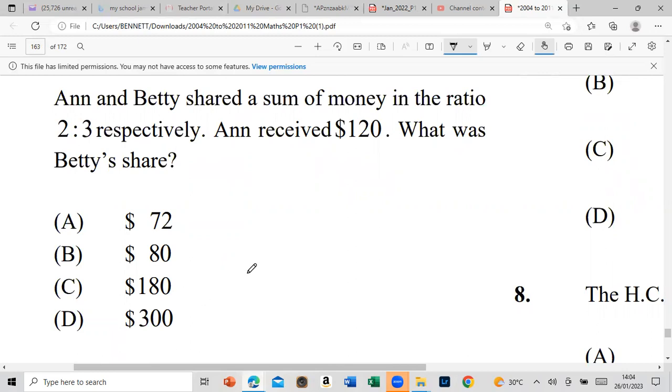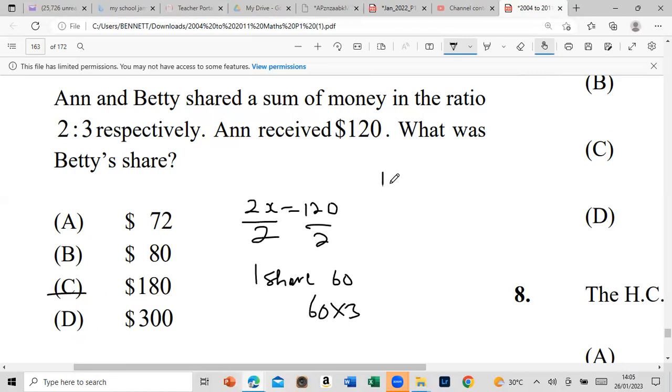So to find one share, Anne gets two shares. If two shares is equal to 120, that means one share is 60, right? So just divide by 2. So one share equals 60. So that means Betty's 3 shares would equal 60 times 3, which is 180.